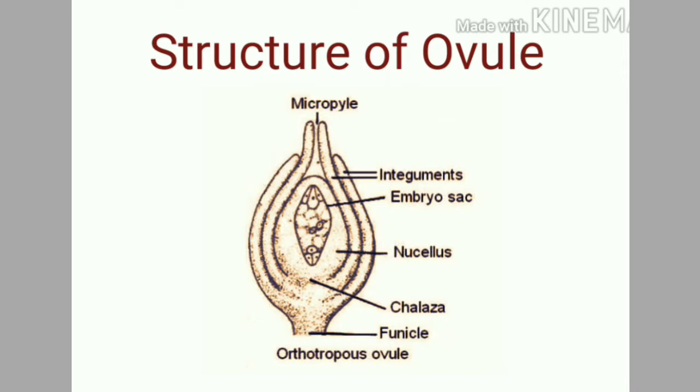The ovule is covered by two walls which are called the outer integument and inner integument, and these integuments become the testa and tegmen after the development of the seed, which are hard in structure.